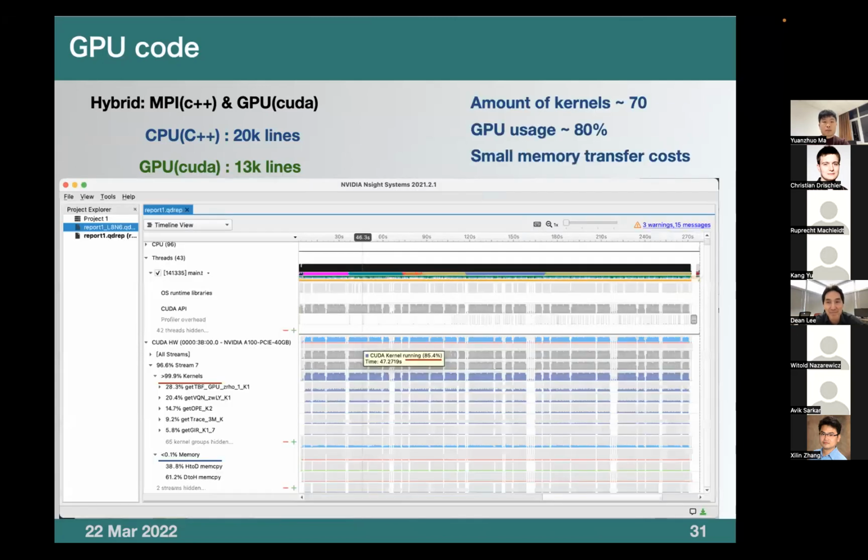To be honest, those GPU kernels behave pretty well. They can use the GPU quite well, with around 80 to 90% average usage, and the cost of memory transfer from the CPU side to the GPU side is quite small. You can see this from this profiling data.